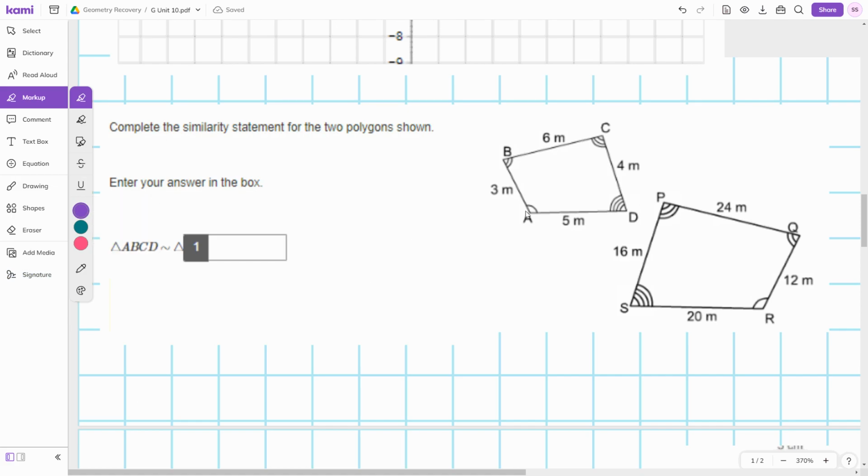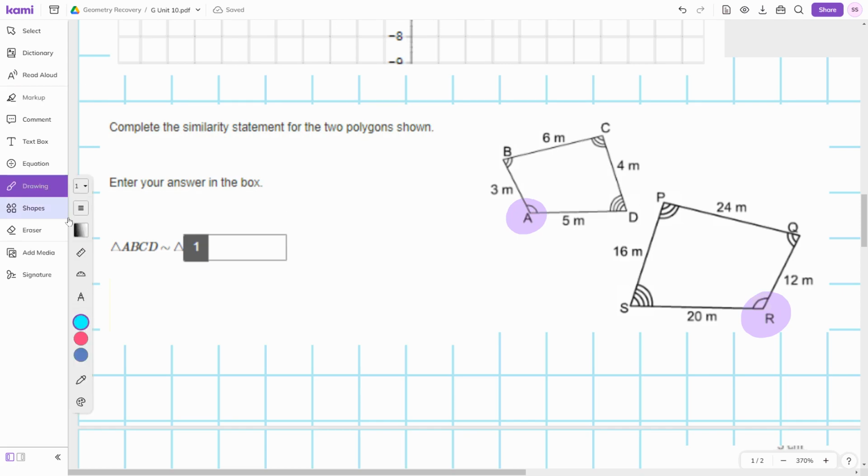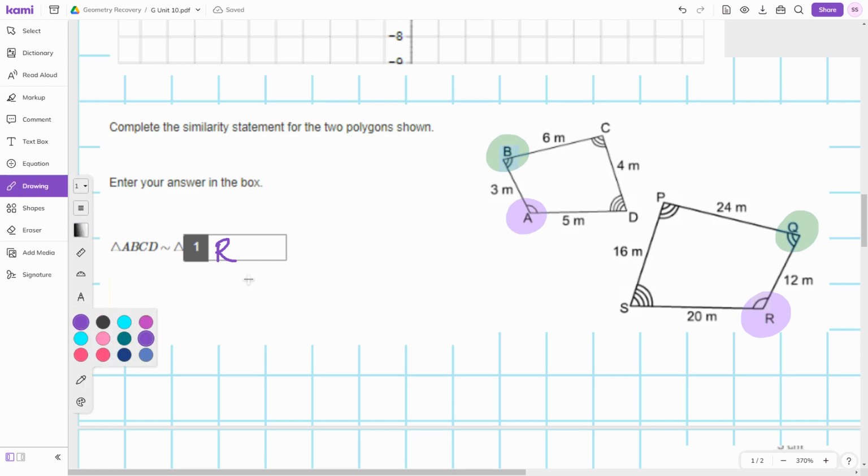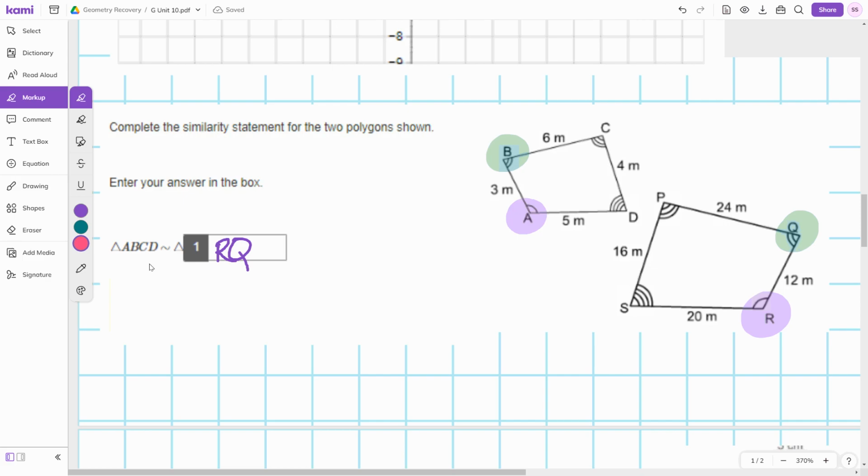A has 1 marking, so I can look for R has 1 marking. Highlight things, whatever you have to do to make it a little bit obvious for you. B has 2 markings, Q has 2 markings. C has 1, 2, 3 markings, so does P. And then, of course, the last one's S.